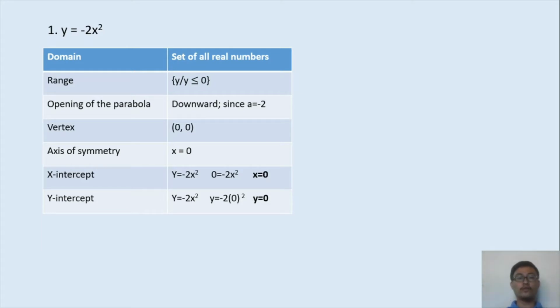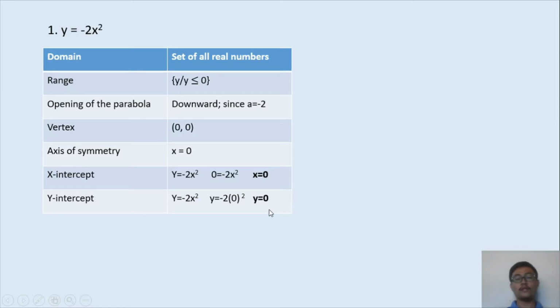Then, to solve for the intercept, we have y equals negative 2x squared. We just let y equal, sorry, let y equal to 0. Obviously, that is x equals 0. Then, for the y-intercept, we let x equal to 0.